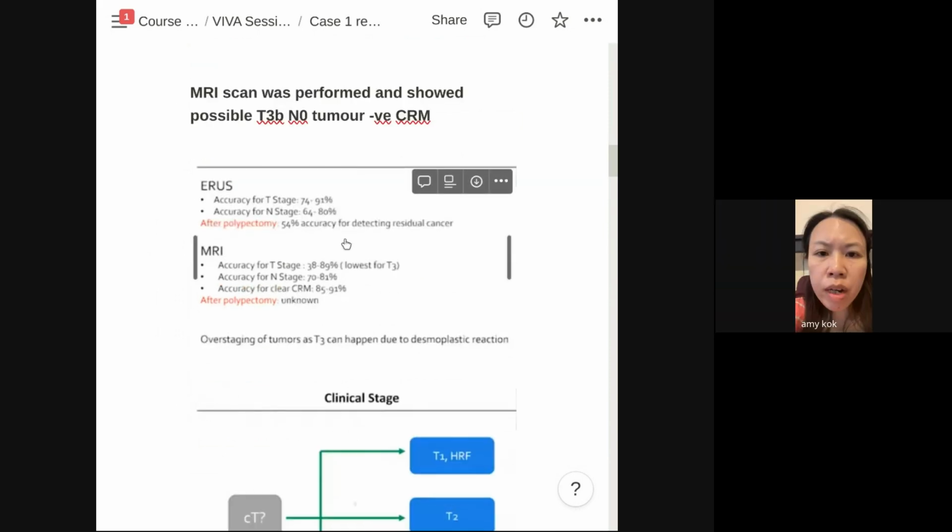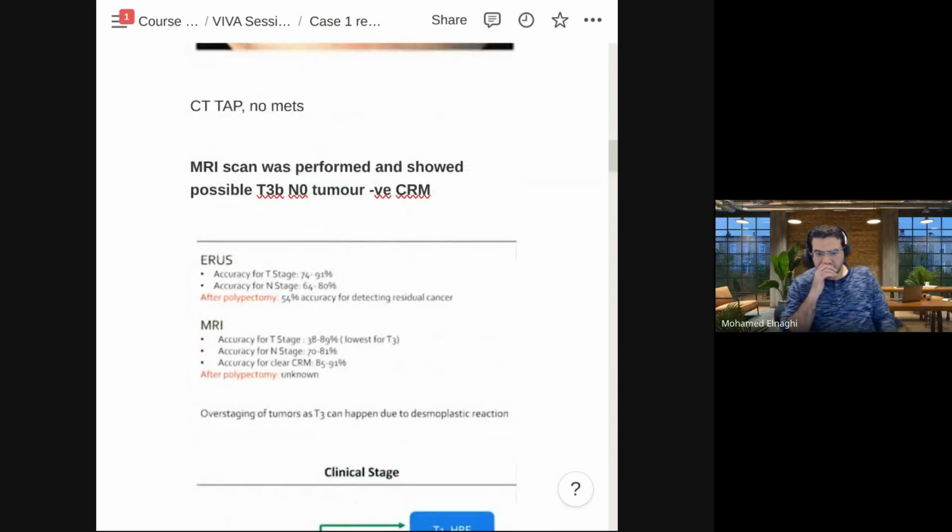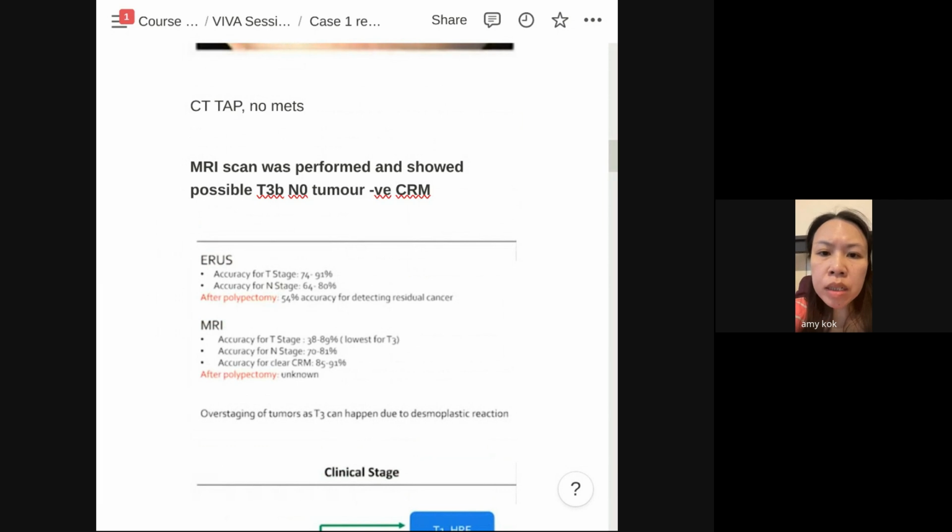So after the bulbectomy, if CRM is negative and also it's a T3b lesion, I would of course discuss all the options with the patient, but for my decision, I would intend to go for surgery because it's CRM negative, not threatened.